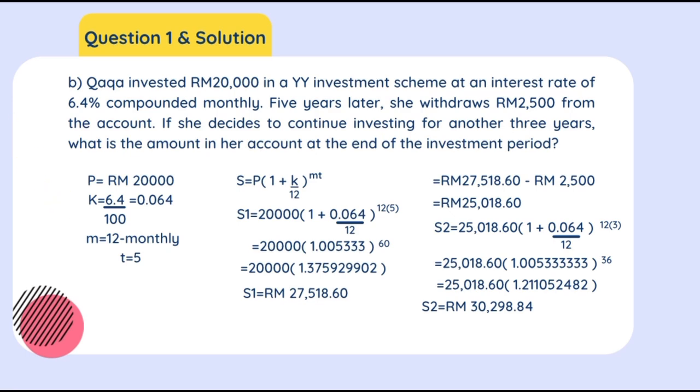Using the formula S = P(1 + K/12)^(M × T).